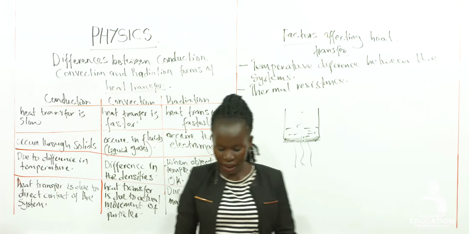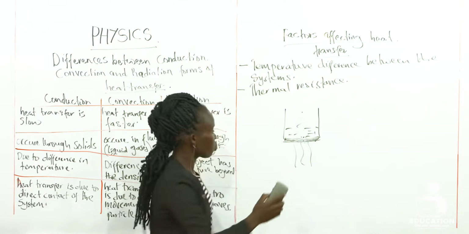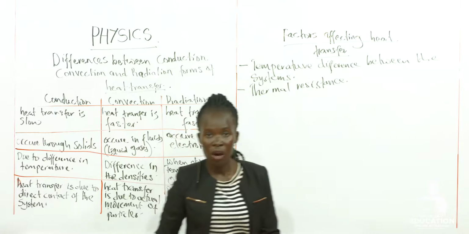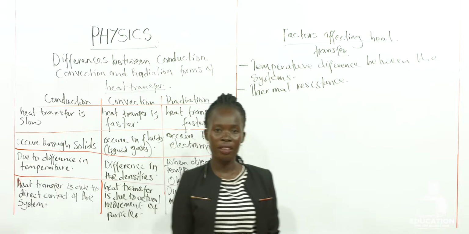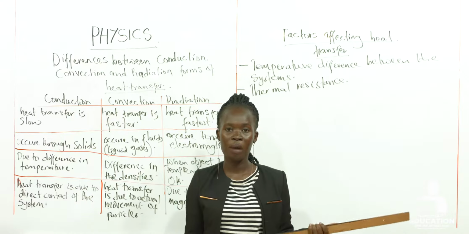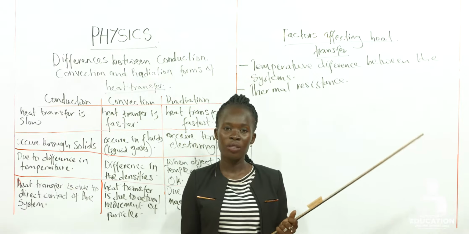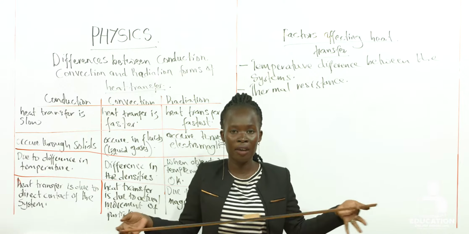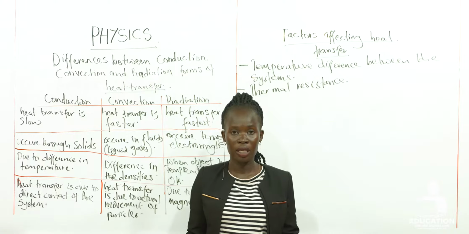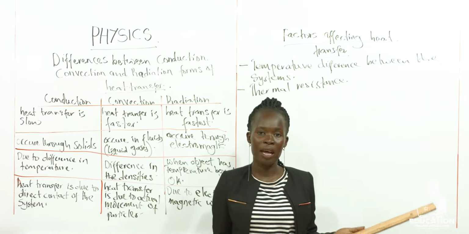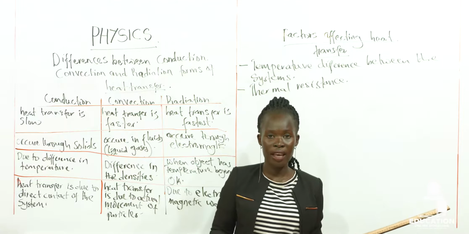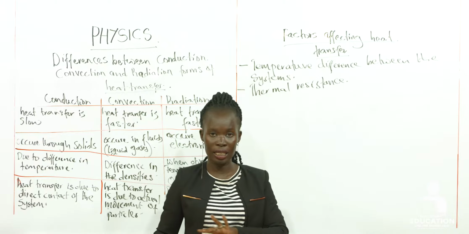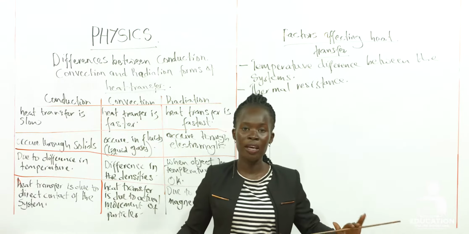So what other factors do we have? We can also have the length of treatment. How long are you allowing this object to absorb the heat? Did you allow it to absorb the heat for a very short time, or have you given it enough ample time? If you give it less time, it is going to gain less energy, so the transfer of this heat from one point to another will be reduced.